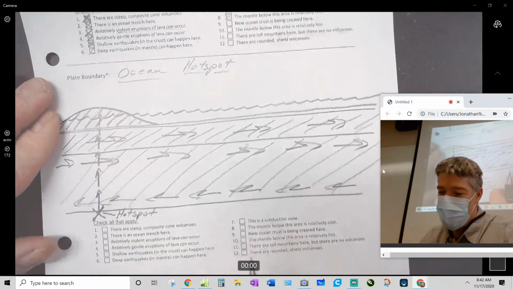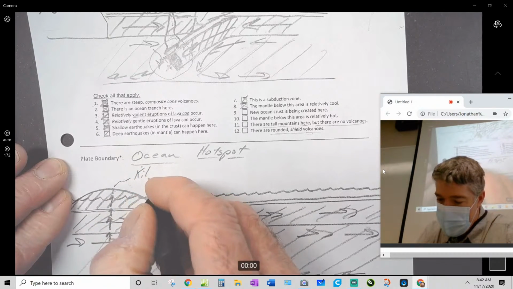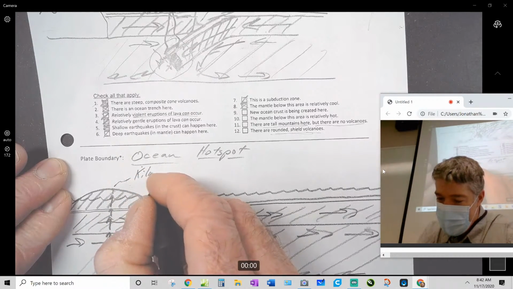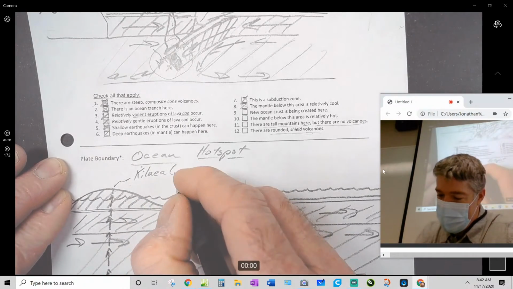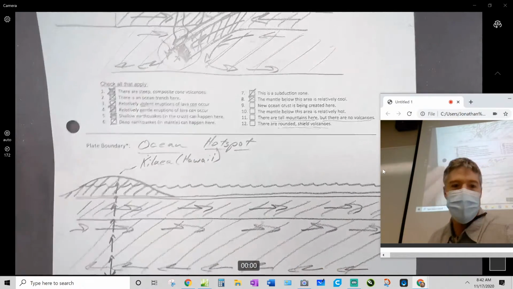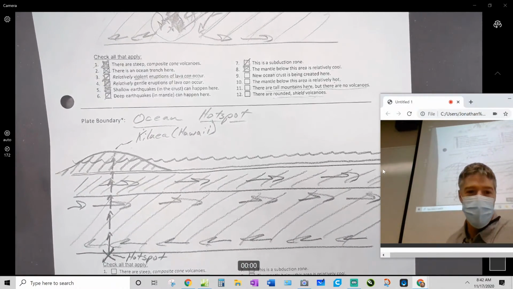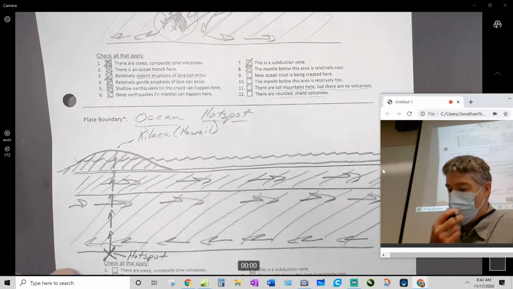And this would be like Kilauea. I think that's how you spell Kilauea. And Kilauea is in Hawaii. Kilauea is the big volcano on the big island that people go and watch eruptions.